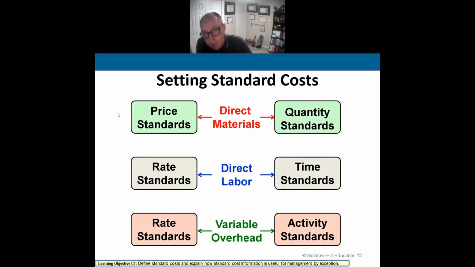Now, how do we set standard costs? Well, it's relatively simple. For materials, we take the standard price and multiply that by the standard quantity. I normally pay $20 per pound of wood when I make my hockey sticks.